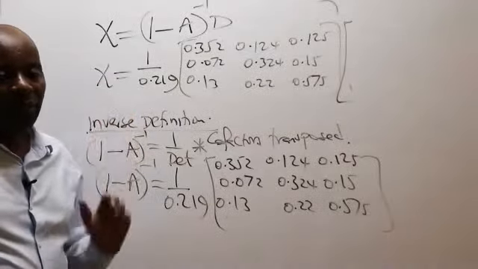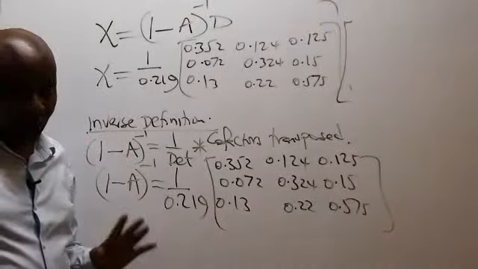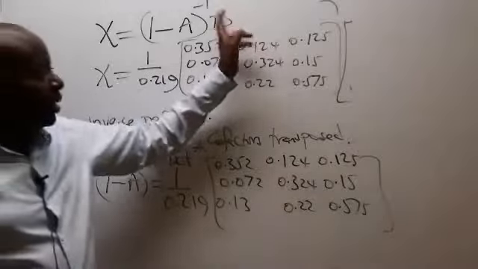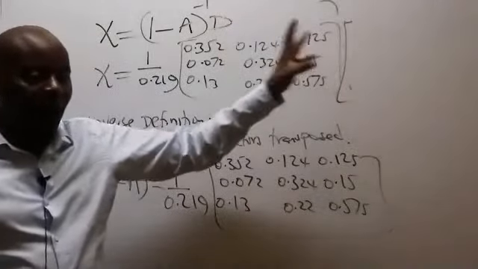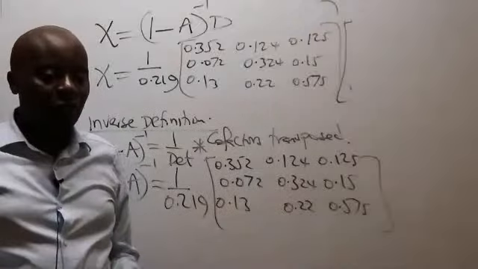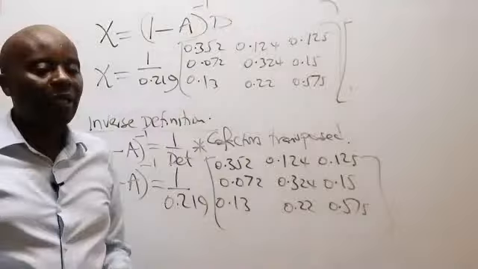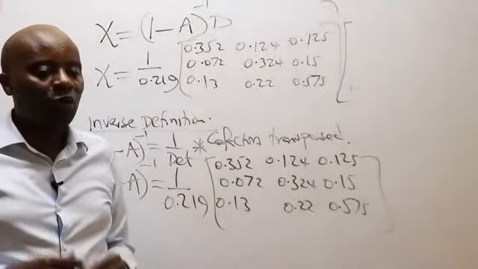I deleted mine long time ago. So I would expect a good student to come and give me this matrix D, the final demand. Is there somebody who has those figures who can remind us very fast?